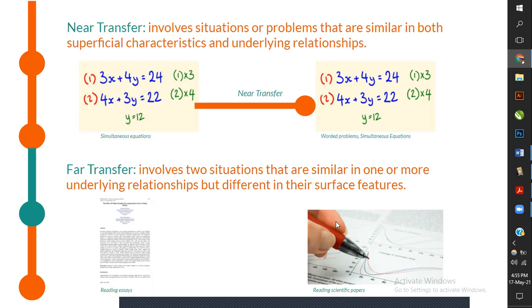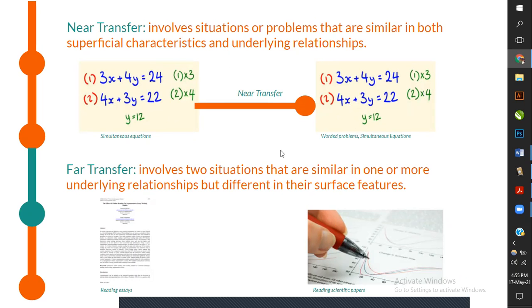They are not really similar superficially, but they do have the underlying relationship, which would be the simultaneous equations. The worded problem would just have these equations written down in words. So they're pretty similar. That is an example of near transfer.